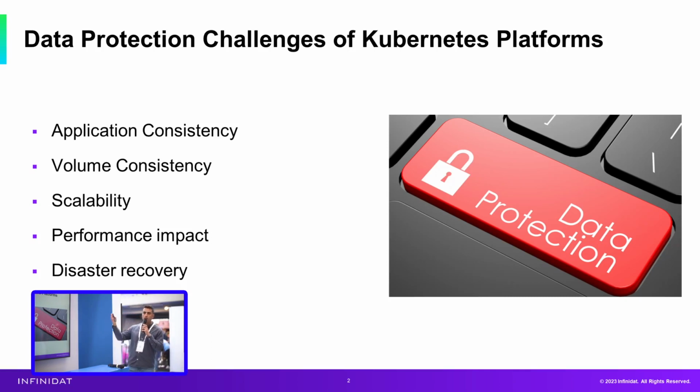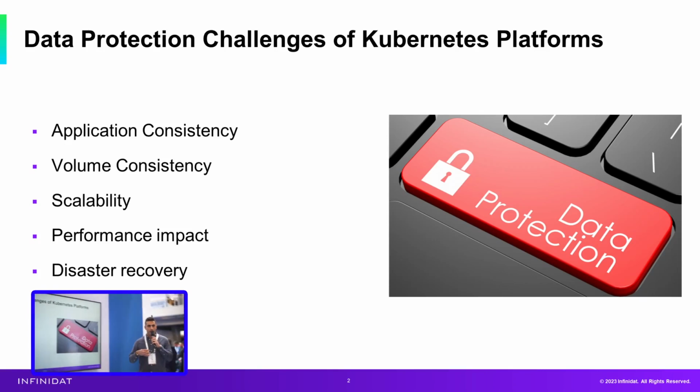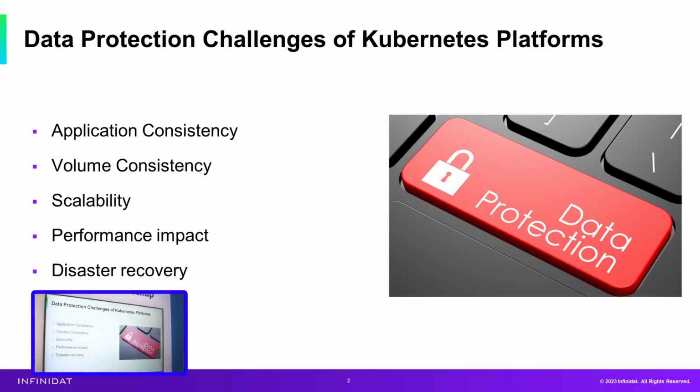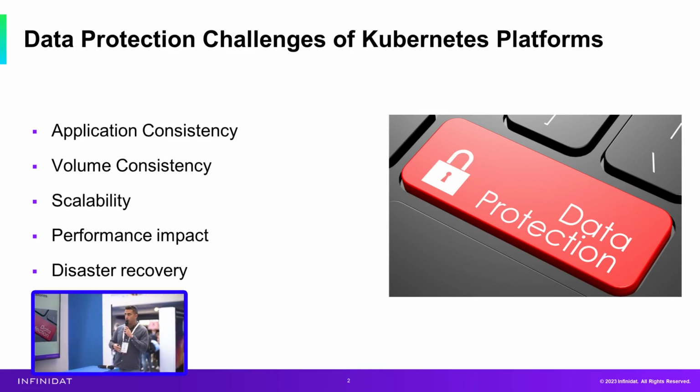The first one is application consistency. There are rapid changes in containers working at scale, and the containers should be updated and changed all the time. And it's not easy to take a consistent application backup like you do in the traditional way.